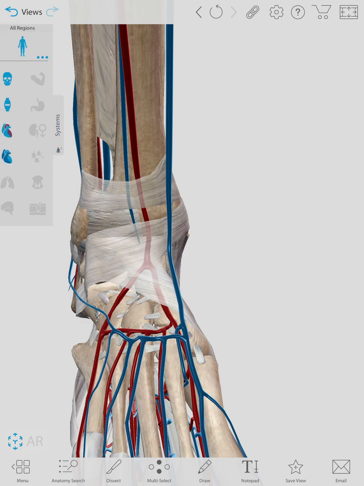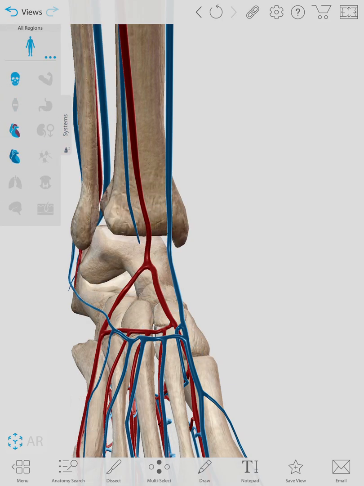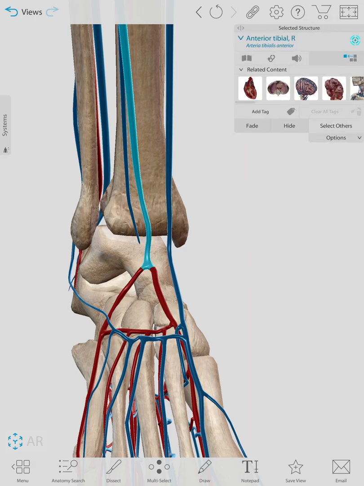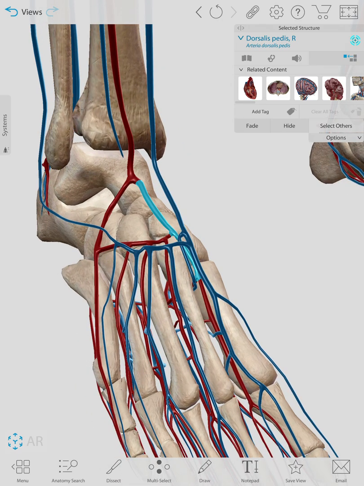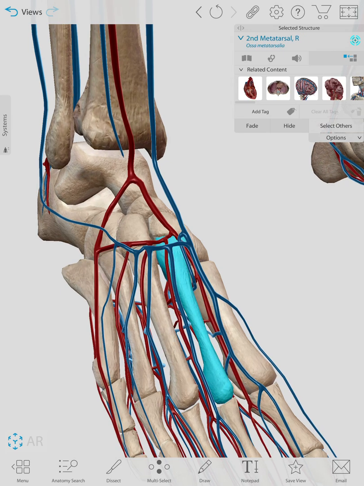If I hide some of this connective tissue again, we're here in our anterior tibial. This vessel here is going to be our dorsalis pedis, okay, this one right here. From our dorsalis pedis, we transition into these dorsal metatarsal branches. You can see all of these are your metatarsal bones here.